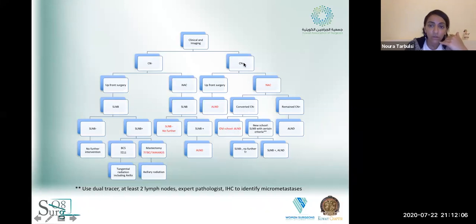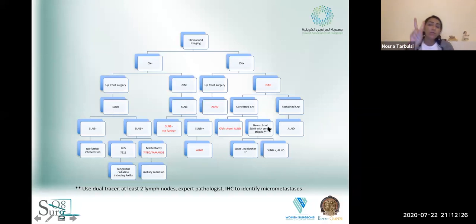But nowadays, once she's converted from positive to negative after chemotherapy, I can offer the patient sentinel lymph node biopsy. If the sentinel lymph node biopsy is negative, no further dissection, but if it's positive, I'll proceed to dissection. So what are these criteria?